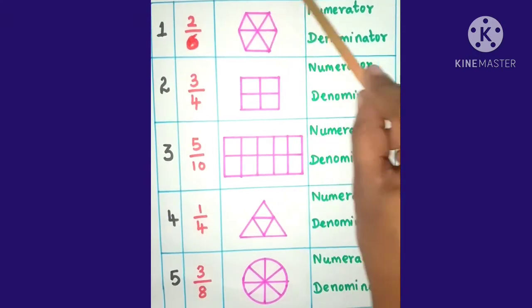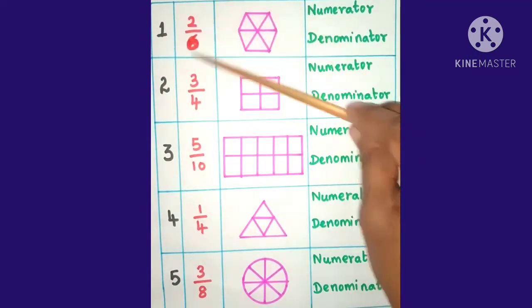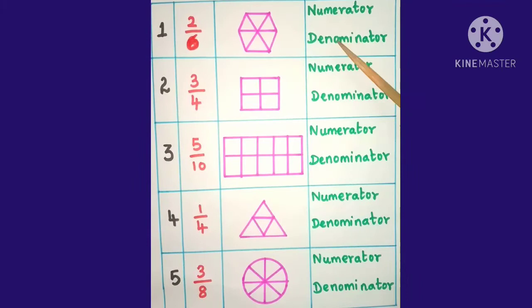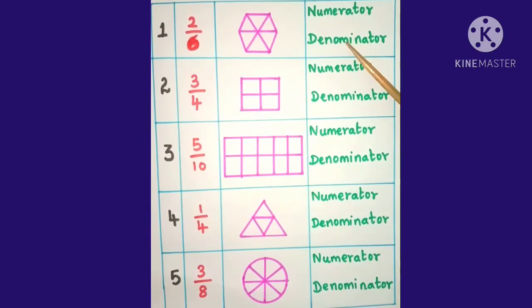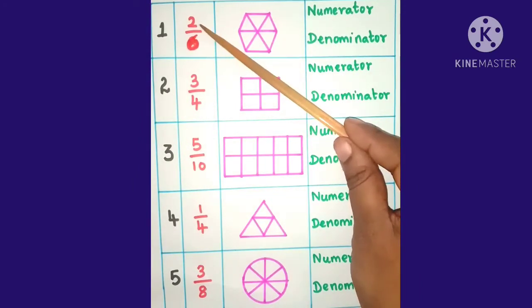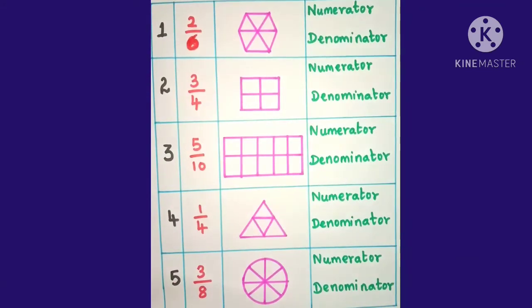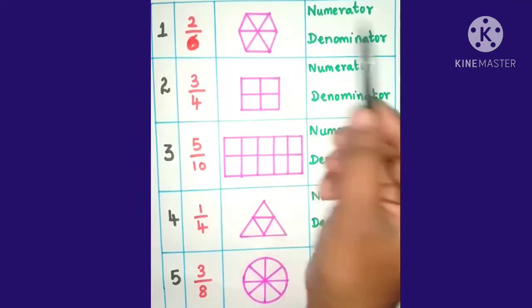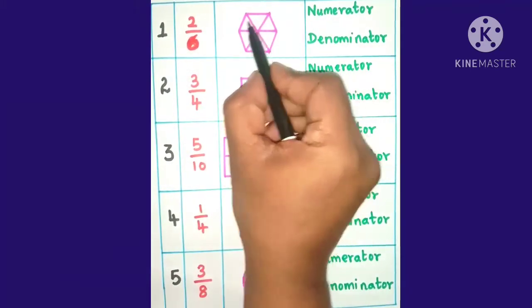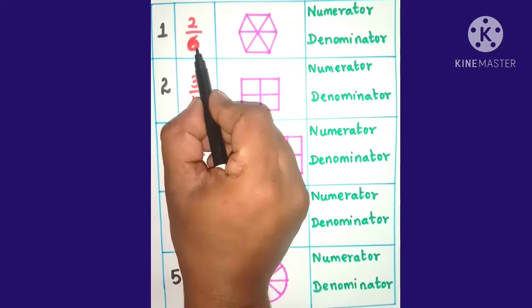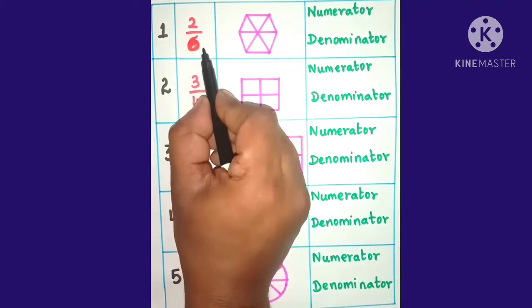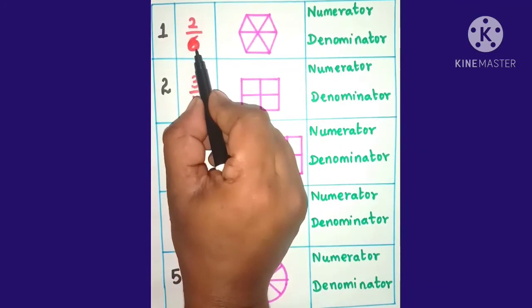Second problem. Shade the parts according to the number and write the numerator and the denominator. So, children, here the first one is 2 by 6. So, 2 by 6 is given. First, let us shade the figure. Now, 2 by 6. The total number of parts is 6.